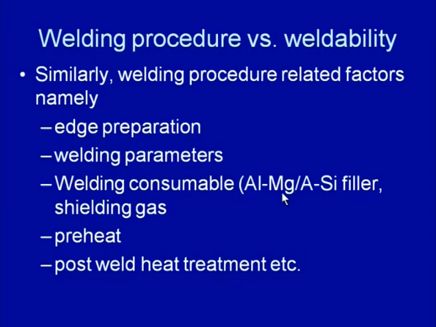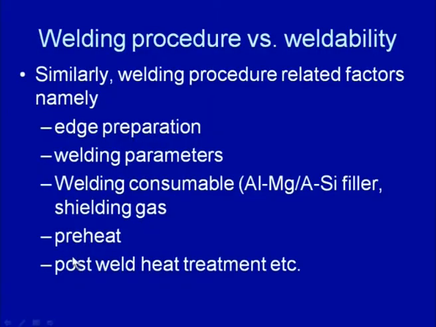Similarly, the use of argon results in a weld joint of comparatively poor quality as compared to the case when helium is used, or we can use a mixture of argon with oxygen or with hydrogen, and similarly we can use carbon dioxide with hydrogen. So the change in the shielding gas will affect the protection being provided by these gases to the weld pool from atmospheric contamination, and accordingly it will affect the quality of the weld joint being produced.